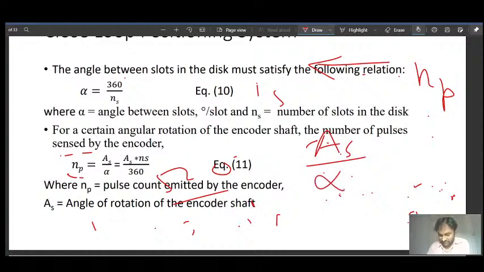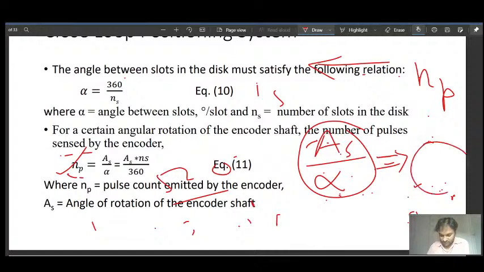So if we simply divide theta s by the step angle alpha, we will get the number of pulses, Np, which is equal to the number of slots that have crossed the light source. Replacing alpha by 360 by ns, we will get this value.